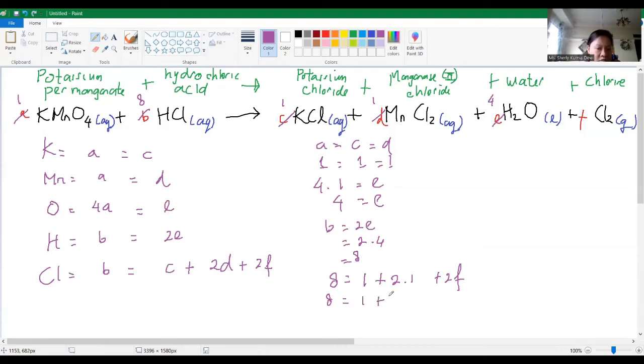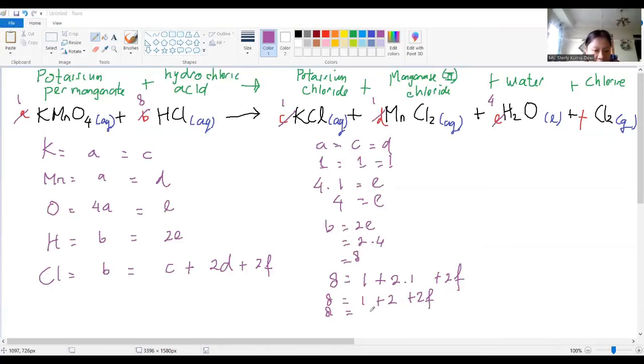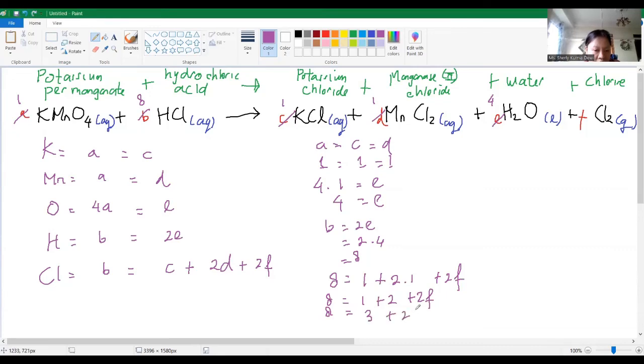So this is 1 plus 2 plus 2F equals 8. So 5 is 2F. So F is 5 per 2.